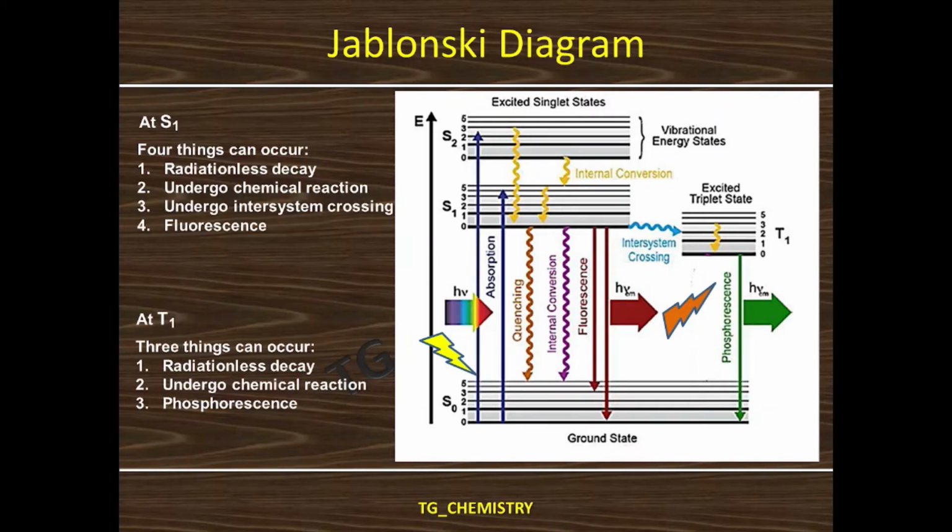And radiative decay from the triplet state is known as phosphorescence. All these are marked with different colors, the words, so it will be easier for you to understand. Along with that, quenching is another phenomenon which is possible when the molecules can transfer the energy to another molecule and come back to the ground state singlet level.